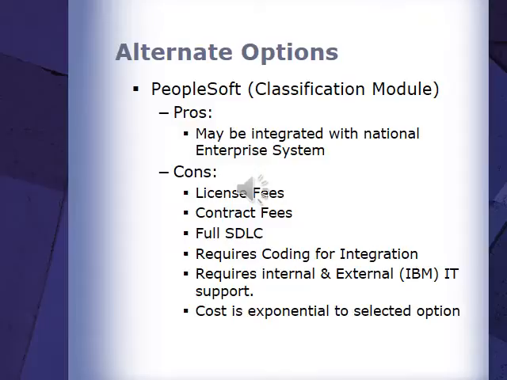But in retrospect, compared to Leaf, which has limited cost, using PeopleSoft would require us to do a national implementation throughout our organization, which would incur certain costs as far as license fees, contract fees, the need to go through the full SDLC process, additional coding for the integration with the existing PeopleSoft due to the uniqueness of our organization.